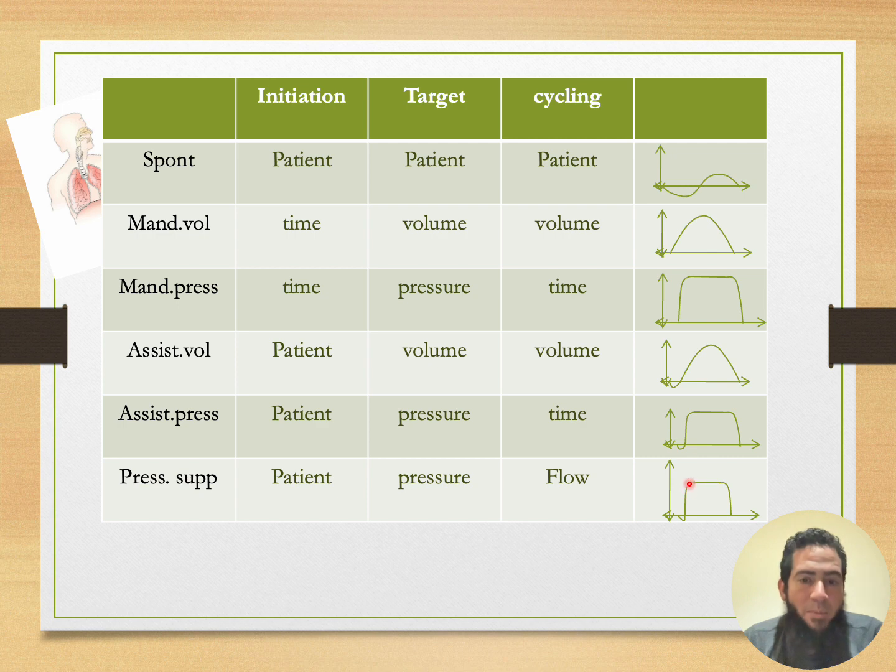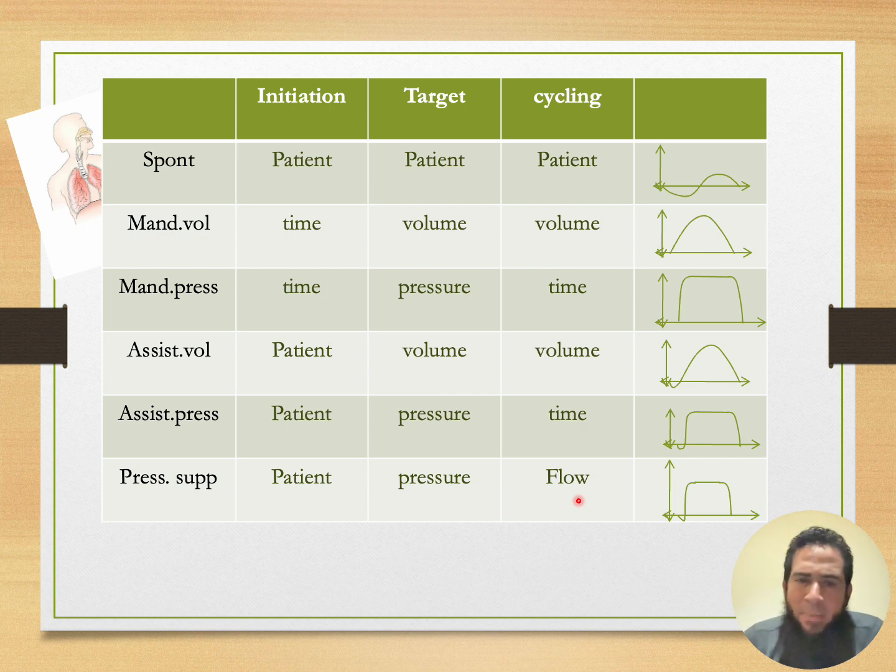That's why you set the pressure support value, for example 10 to 15 centimeters of water or whatever. But how long will this pressure stay? In assisted pressure, it's time cycled, so it will stay there for a certain time. But in pressure support, it's not time cycled, it's flow cycled. That's why it's also some sort of patient controlled.